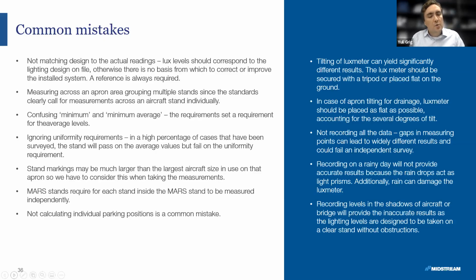When you have a stand like that, each of those types must be measured independently. So even though it looks like you have one stand inside your apron, it actually is 3 stands, and each one has to meet the lighting levels independently.